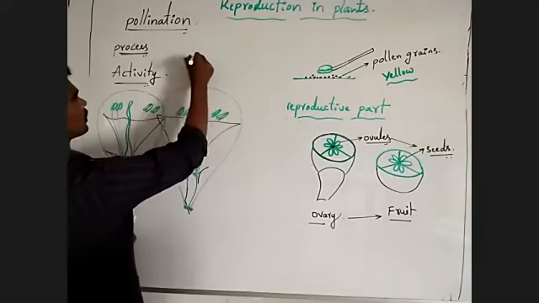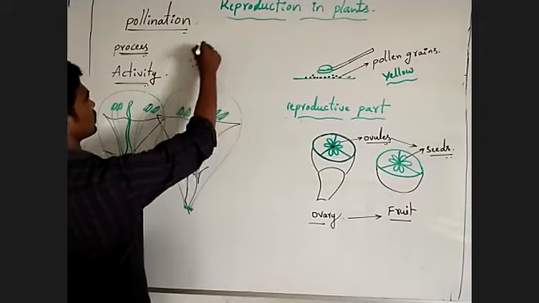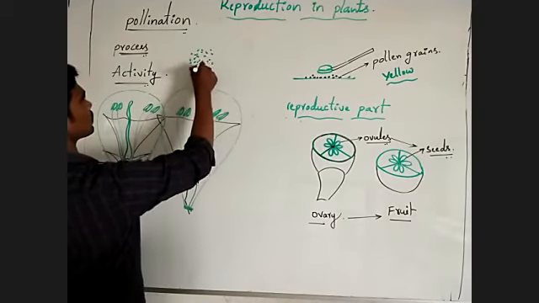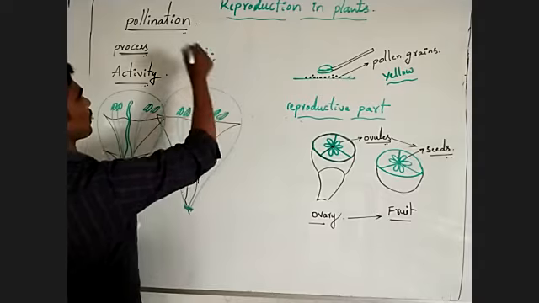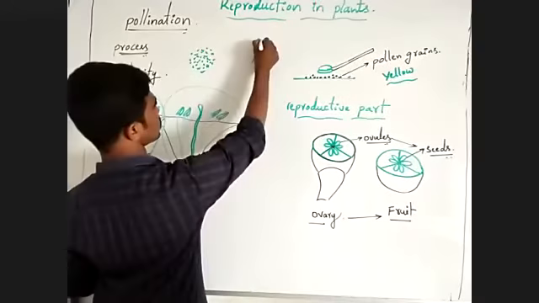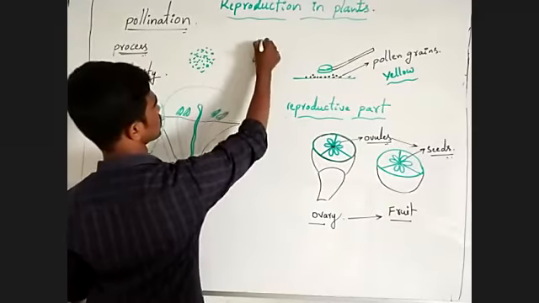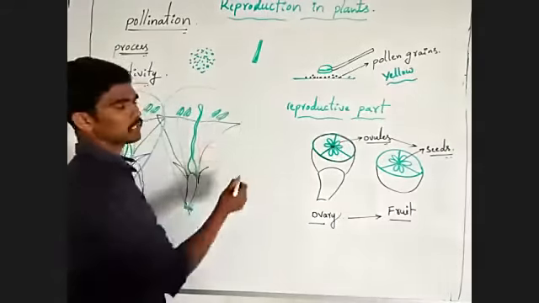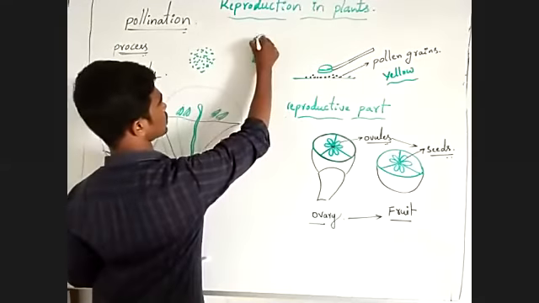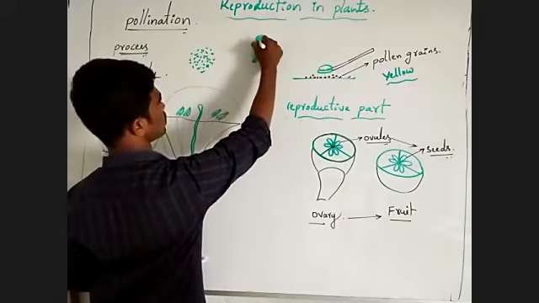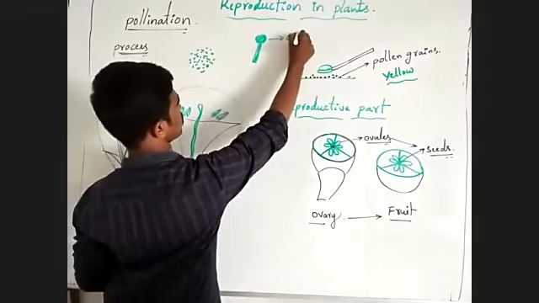Now you have to collect pollen grains. These are pollen grains. Now you have to take a matchstick and form a ball-like structure at the tip of the matchstick using cotton.